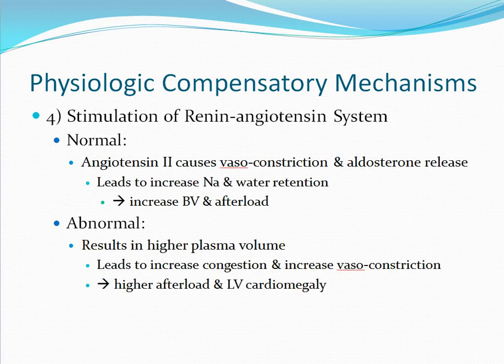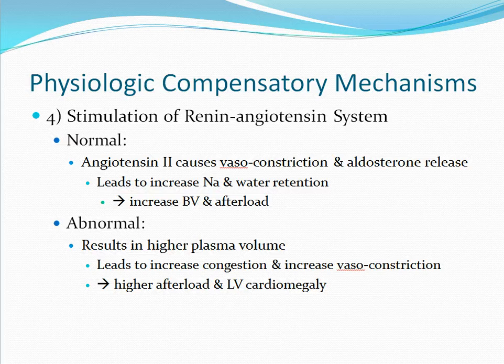Another normal compensatory mechanism would be to stimulate the renin-angiotensin system. What this does is it will cause the production of angiotensin II. Angiotensin II is a very potent vasoconstrictor, and it also results in the release of aldosterone. Remember, aldosterone release will cause an increase in both sodium and water reabsorption.